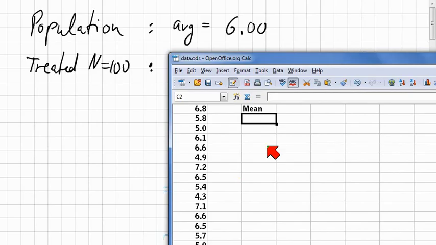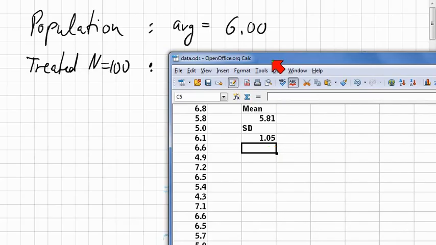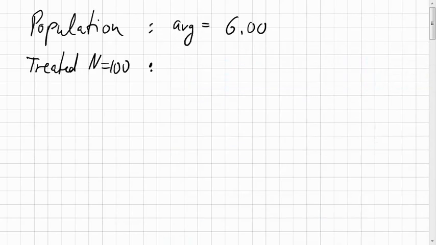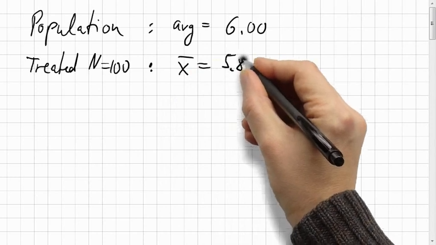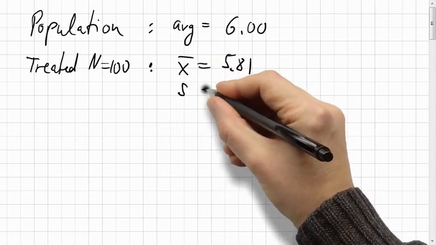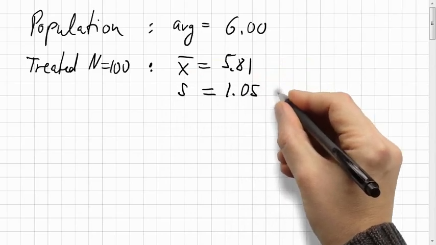Let's compute the mean of the cells A1 through A100 and the standard deviation of the same cells. So we've got a mean of 5.81 and we've got a standard deviation of 1.05.